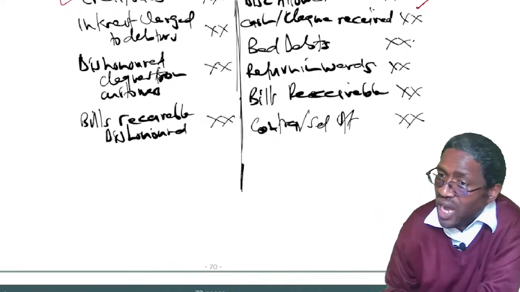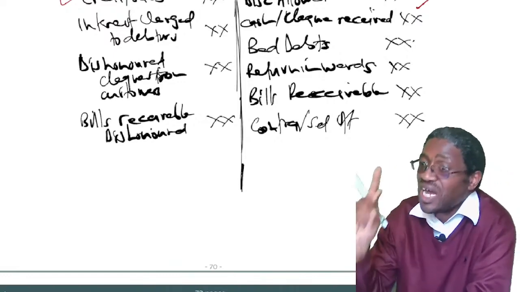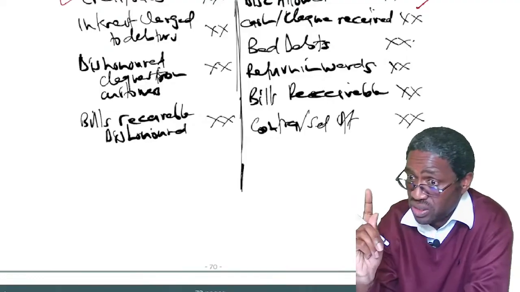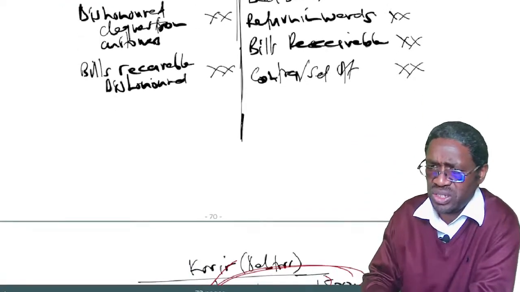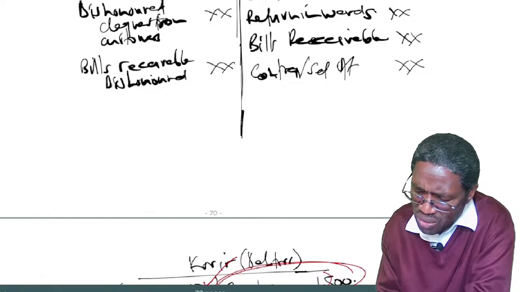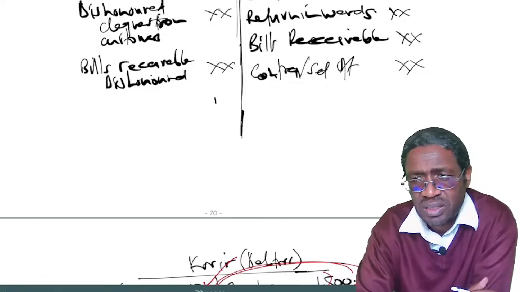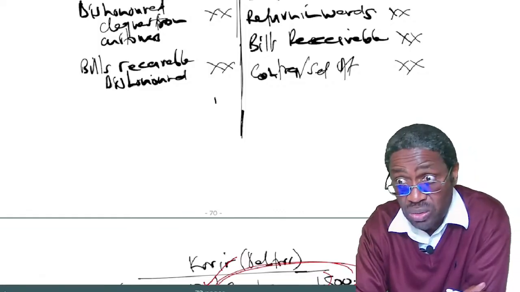Listen, I have told you, assets are always a debit balance. But the question is, will you now come and carry down that 10,000 on the debit side? The answer is no.